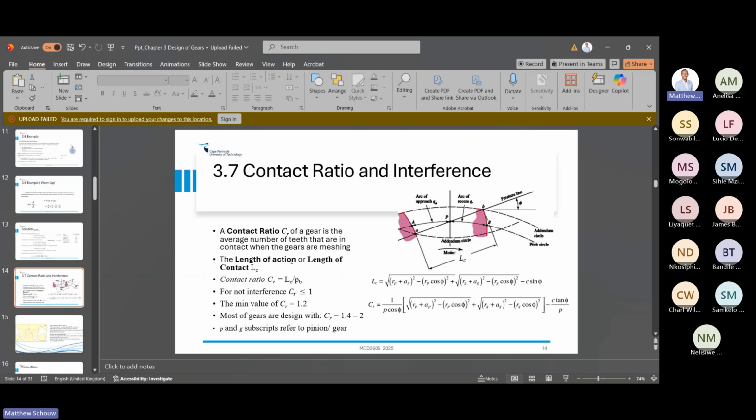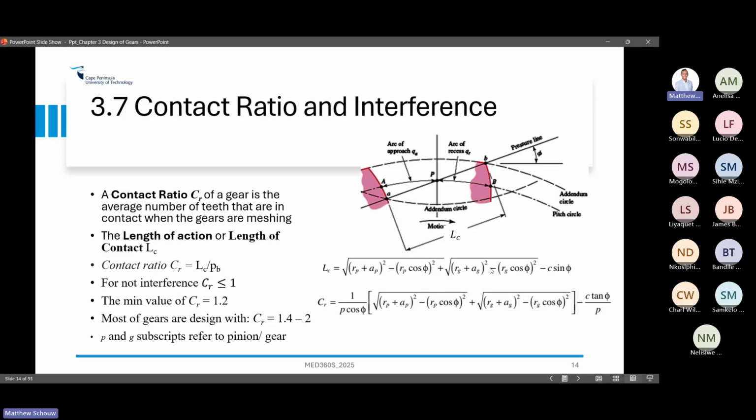I'm not sure if you guys are familiar with it, which is basically the length of approach, which is this term over here, the first part. And then the second part would be the arc of recess, or the length of approach and the length of recess. So as it comes in contact, and then as it disengages. So once it engages, once it approaches, and once it disengages. So if you sum up those two lengths, you essentially get these things.